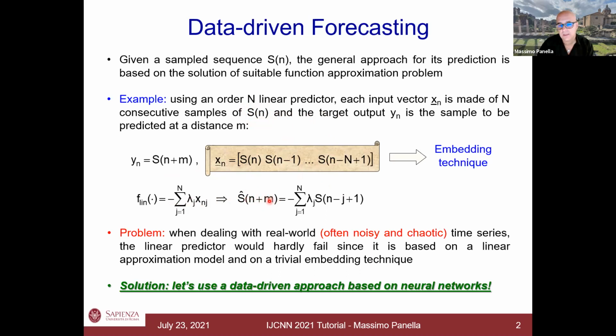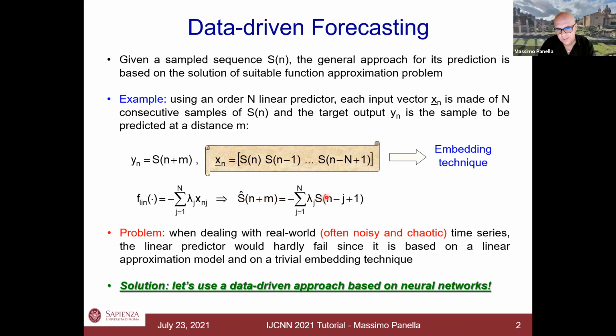In general, m is equal to 1, but as we will see, especially in electrical engineering applications, you have to forecast, for example, a whole day ahead in order to optimize your energy sources. So this value, especially in actual applications, might be greater than 1.